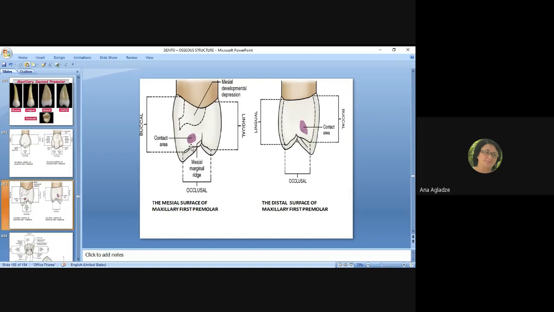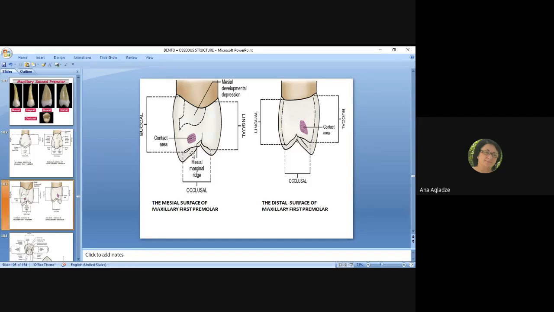Here you can see the indicated contact areas. This is the mesial developmental depression on the mesial surface, and for the lingual and buccal surfaces, you can see that the buccal cusp is much larger than the lingual cusp.